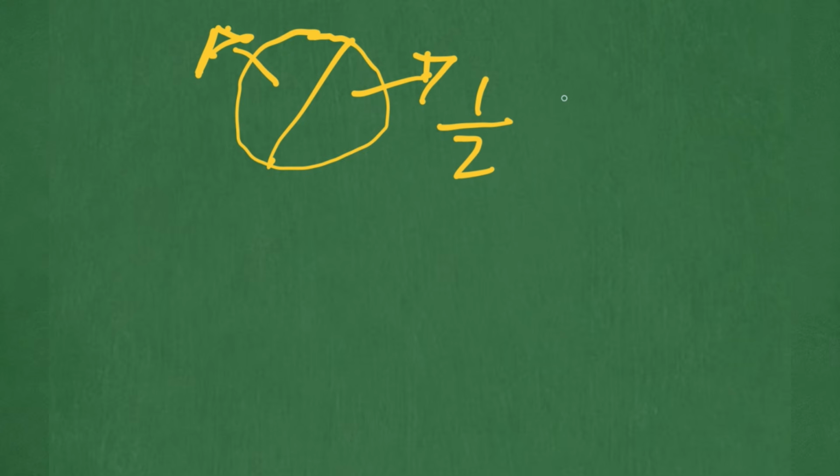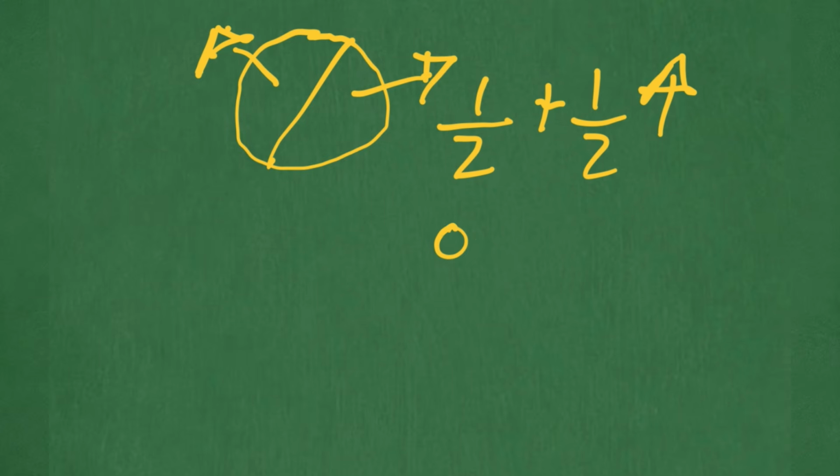But the thing you need to understand is, when we add fractions, their value will always increase, unless the fractions are negative. So if we add 1 over 2 plus 1 over 2, their value will increase, right? The other thing you need to understand is 1 over 2 can be expressed as 0.5.